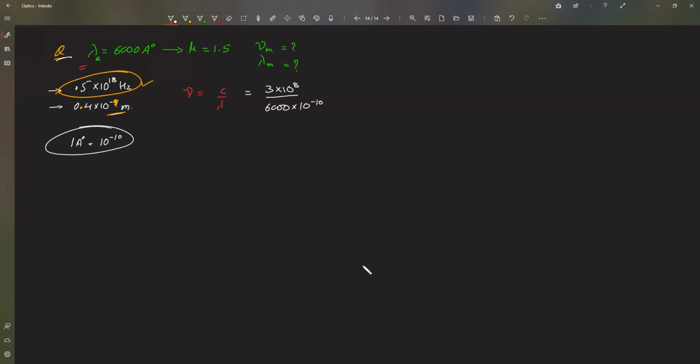So now if you solve it, 8 plus 10 is 18, 18 minus 3 is 15, so you get 0.5 into 10 to the power 15 hertz.